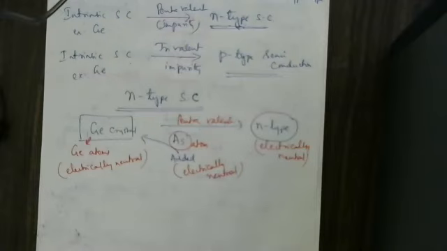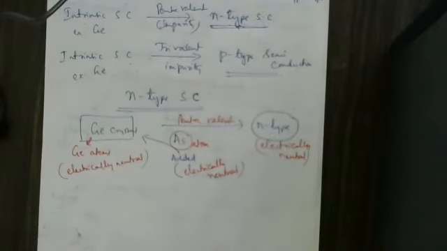Because if you want to get the N-type semiconductors, for a germanium crystal which is containing germanium atoms, which are all electrically neutral, germanium atoms to which we have added electrically neutral arsenic atom. Therefore, the resultant one is N-type semiconductor, which is also electrically neutral. This is electrically neutral, this is electrically neutral, hence this is electrically neutral.